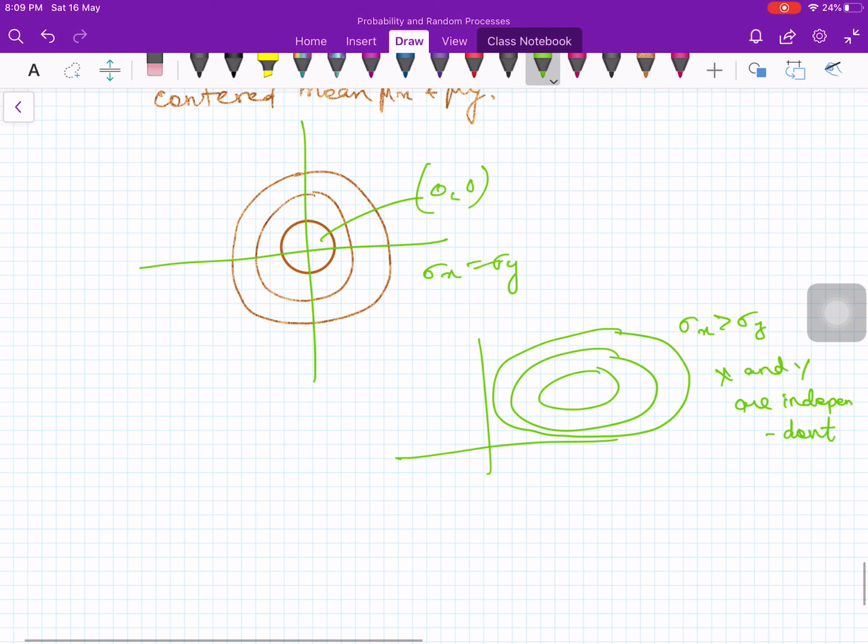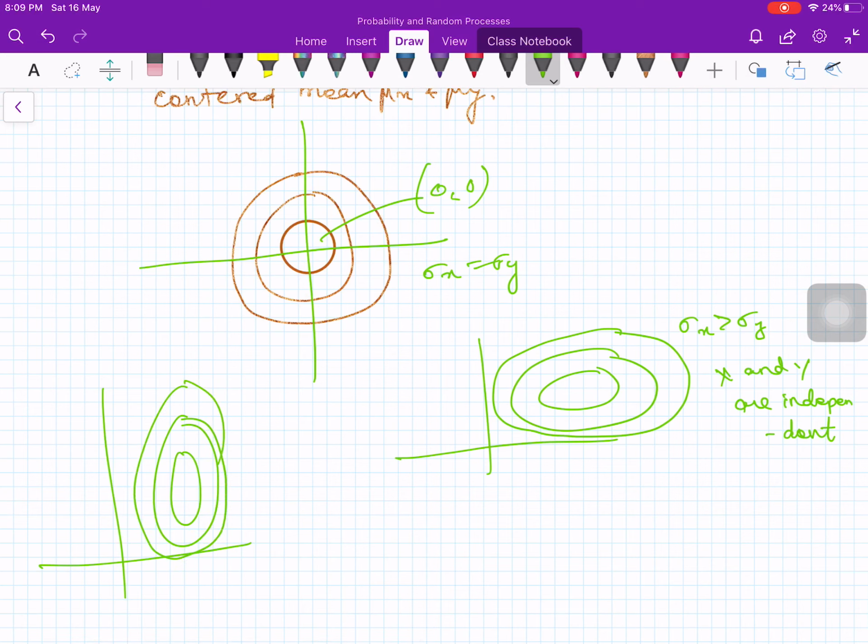And if you have the ellipse like this, here sigma x is less than sigma y, again x and y are independent. And here also sigma x equals sigma y, and x and y are independent. X and y are independent, but we have three cases: one where sigma x equals sigma y, another where sigma x is greater than sigma y, and the third where sigma x is less than sigma y.